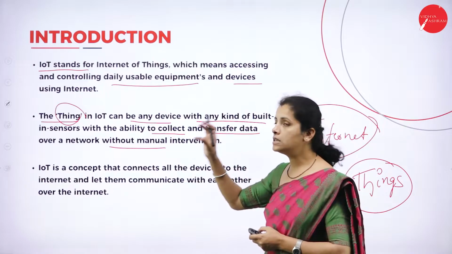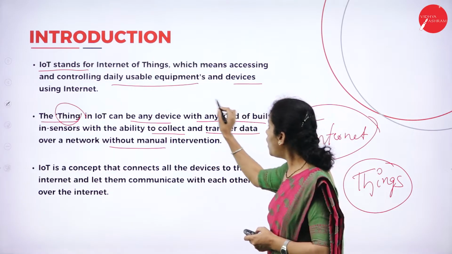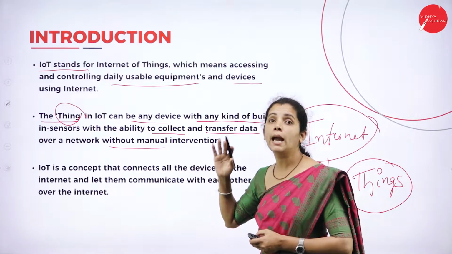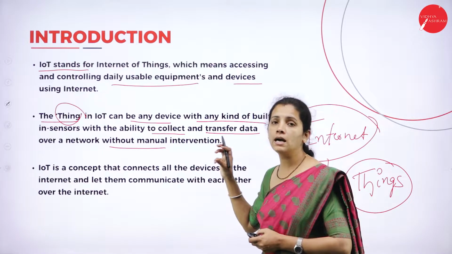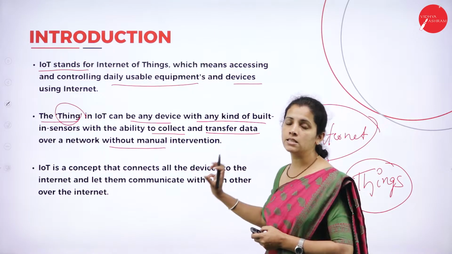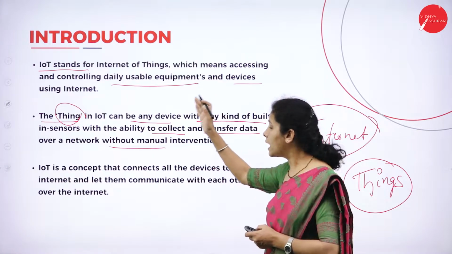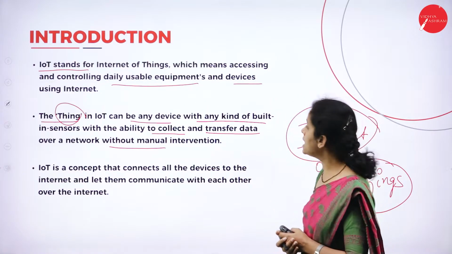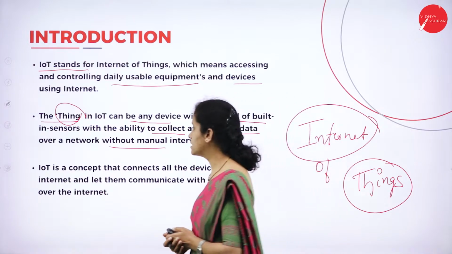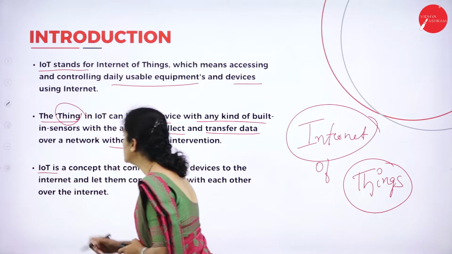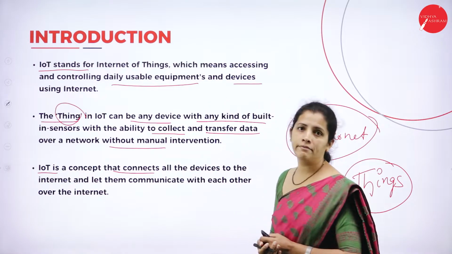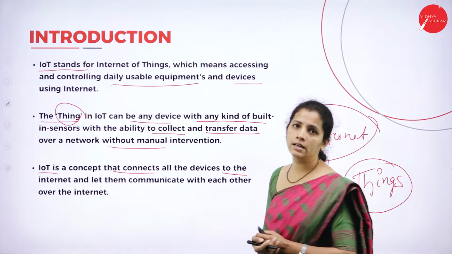So here thing is nothing but all the electronic devices or all the electronic appliances, and they must have built-in sensors, and these sensors must be able to collect the data as well as transfer the data over a network. So IoT is a concept that connects all the devices to the internet.